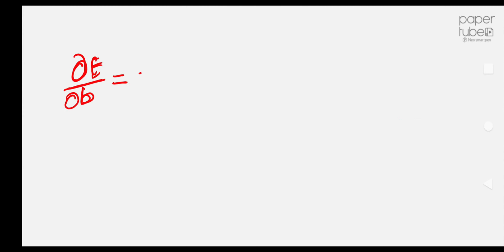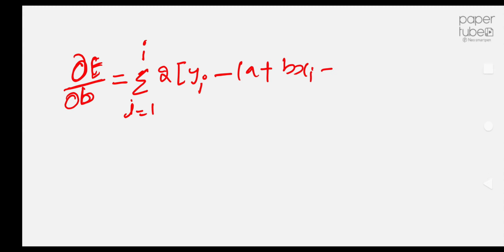So that should be equal to the summation over i equal to 1 to I of 2 (yi - (a + bxi + cxi²)) multiplied by minus xi.